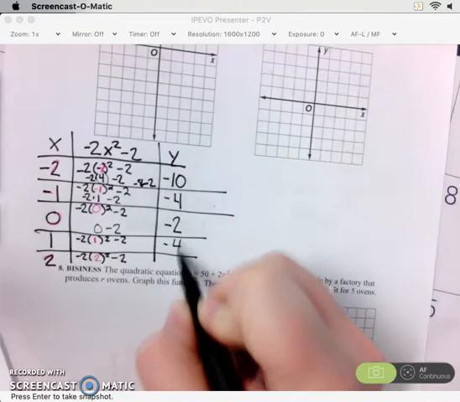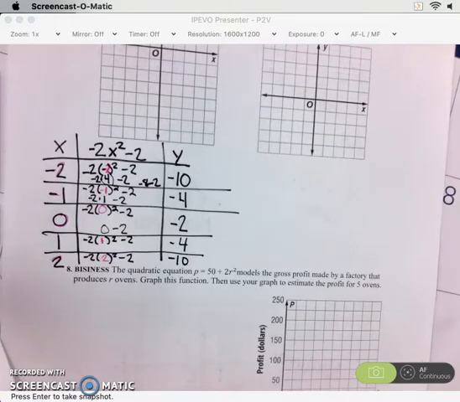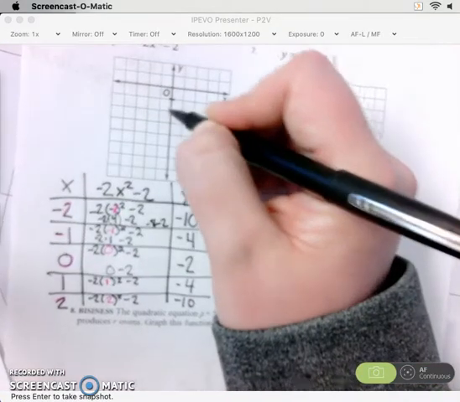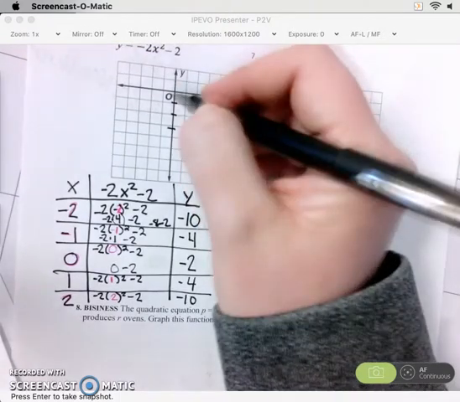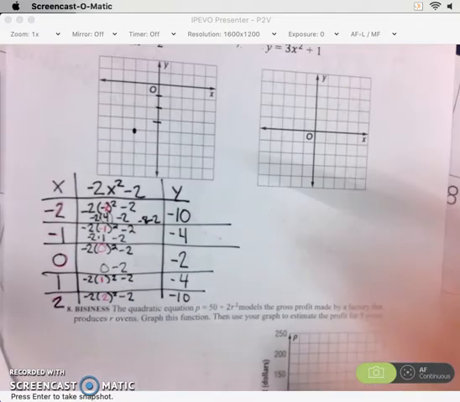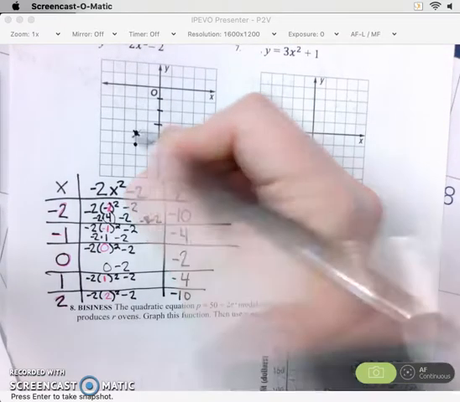So I'm going to skip ahead because we are running out of time, and I'm going to plot my points. I only have to negative 8, so I'm going to count by 2's. So 2, 4, 6, 8, 10. So negative 2, negative 10 goes right here. Okay.